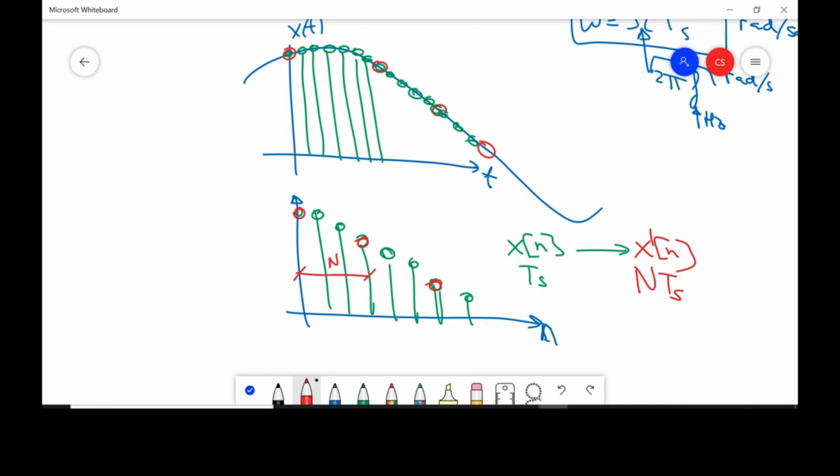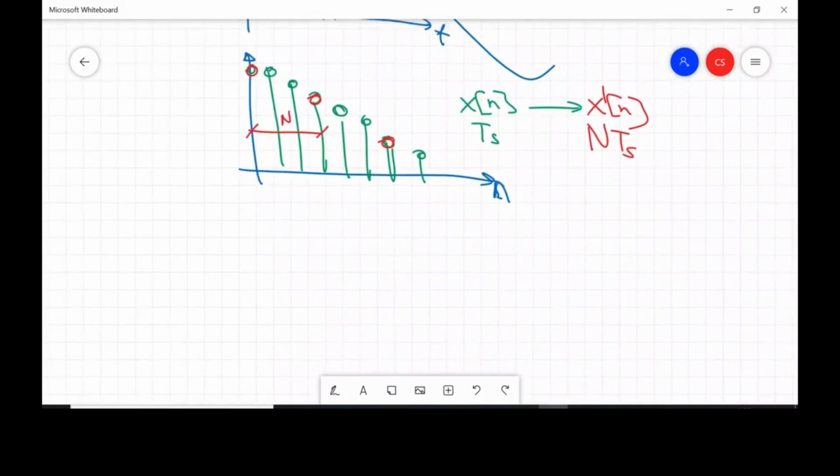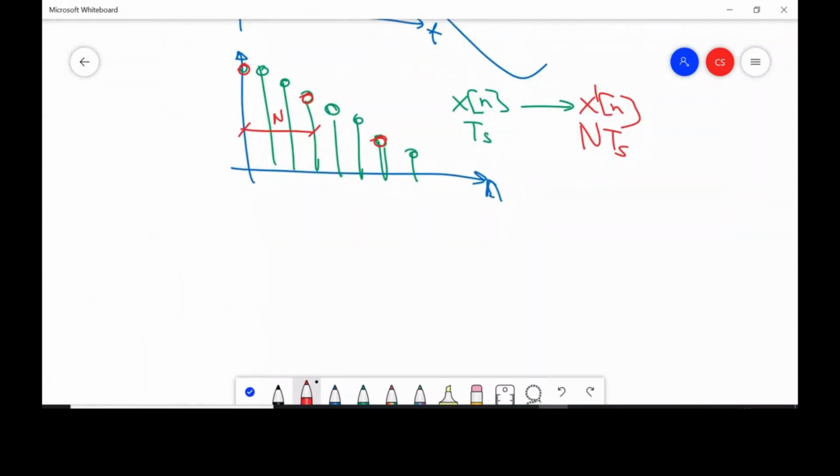And we can think of this process in the same way as we did for the continuous to discrete process.